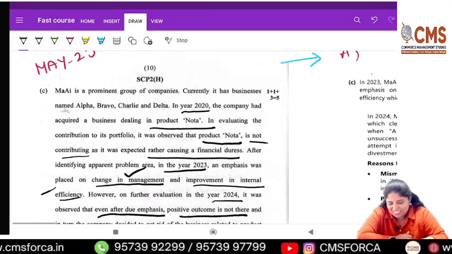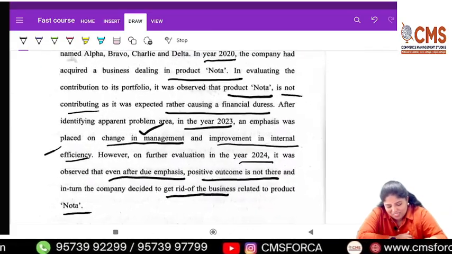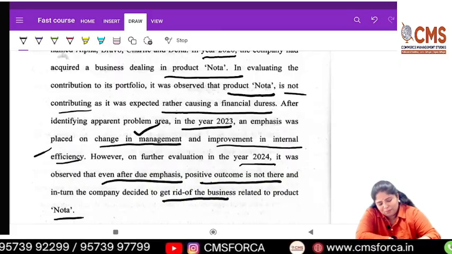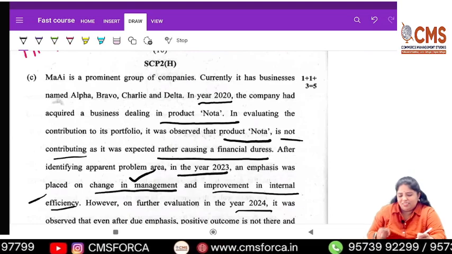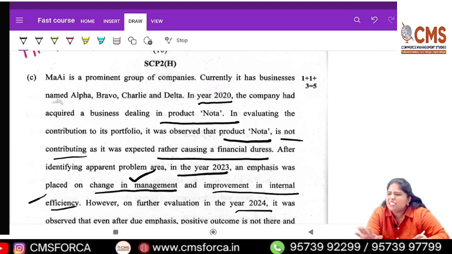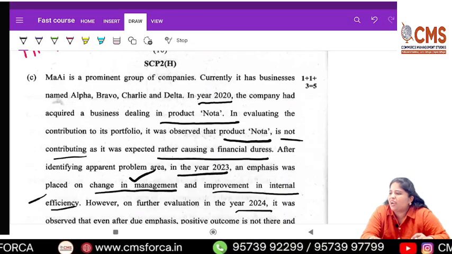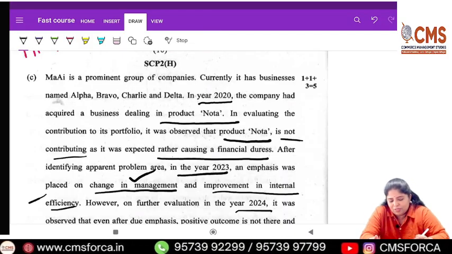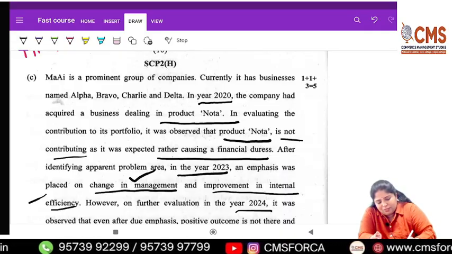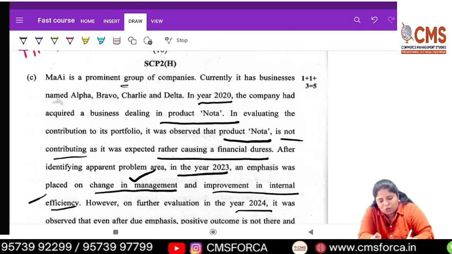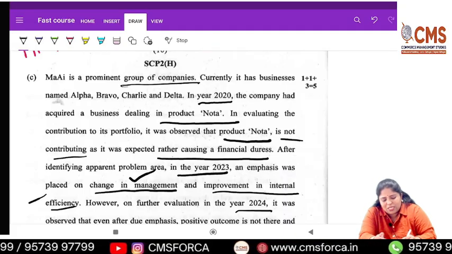It's a big question. It will help you to identify which retrenchment strategy they can go for. I've highlighted it. Okay, it's a prominent group of companies.